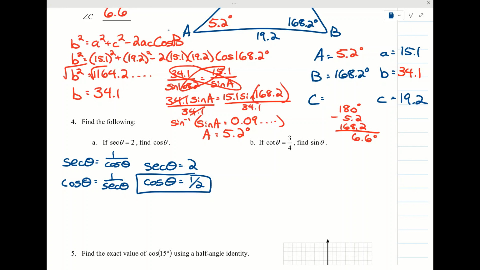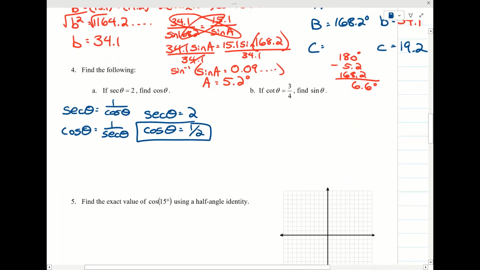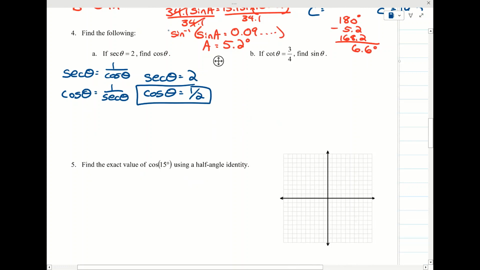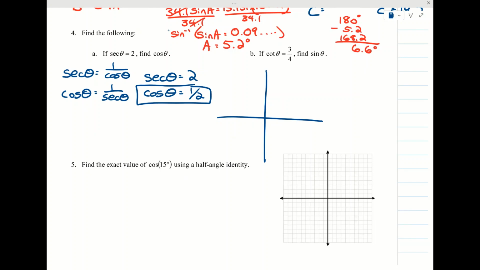For the second problem, I know on the review guide, I did something a little differently. I think there's an easier way to do it. So I'll show you the way that I'd recommend you do it. If cotangent is 3/4, so cotangent's positive 3/4. What quadrants would cotangent be positive?